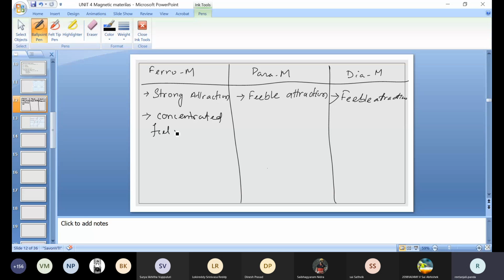Similarly, in paramagnetic, field lines will pass through the material, but not concentrate as in the case of ferromagnetic material.